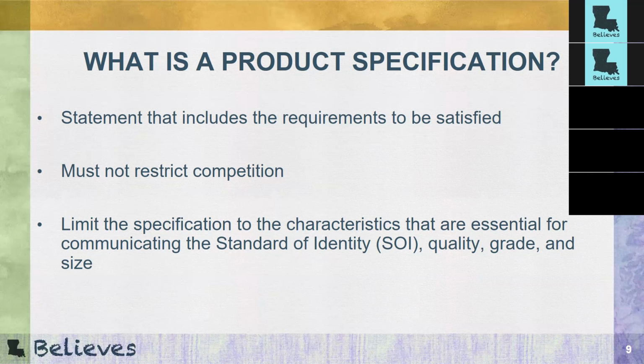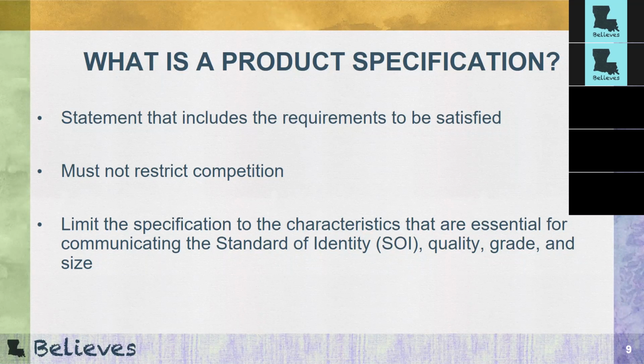Writing bid specifications can be difficult and time-consuming because the descriptions are often long and very detailed. But in some cases, the specifications can be limited to only those characteristics that are essential for communicating with the supplier, such as standard of identity, which you'll often see as SOI, quality, grade, and size.